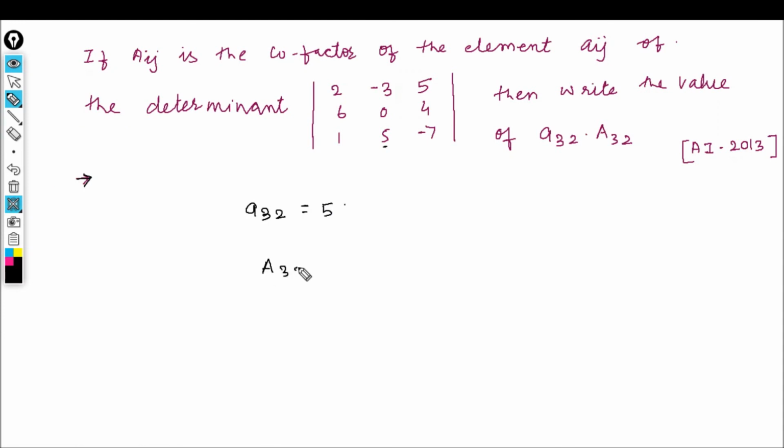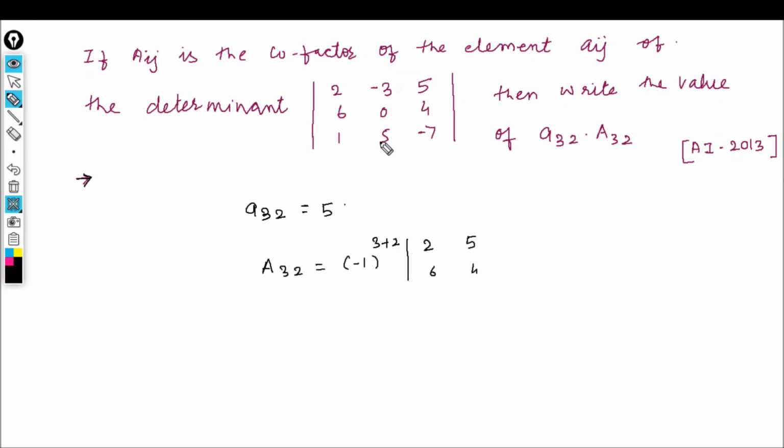So A32 is equal to minus 1 bracket raised to 3 plus 2 into determinant obtained by third row and second column. Third row, second column, it is 2, 5, 6, 4.